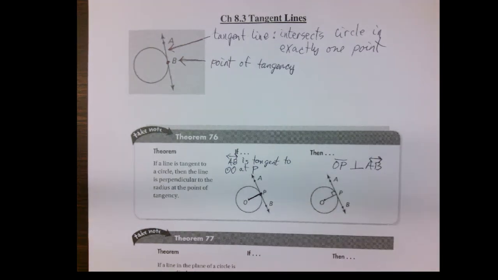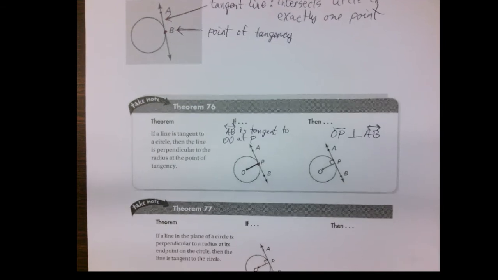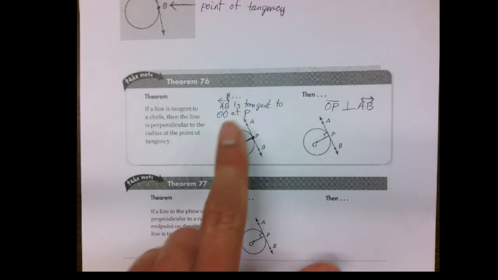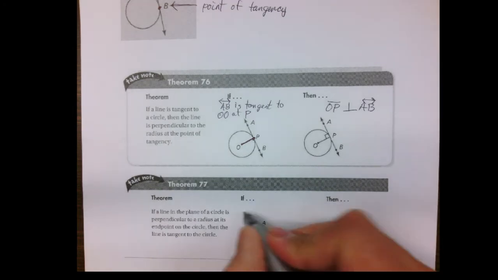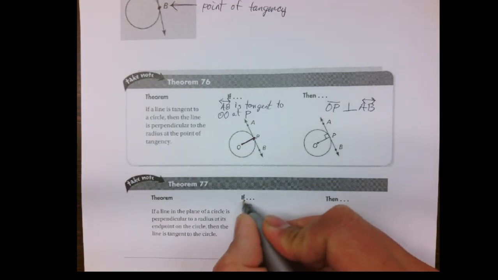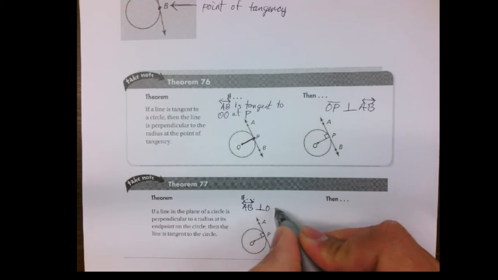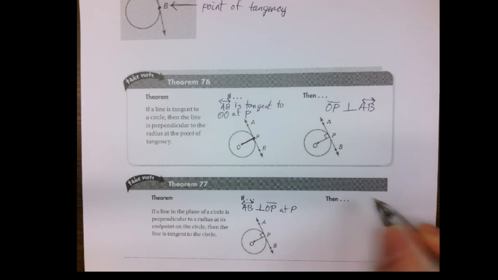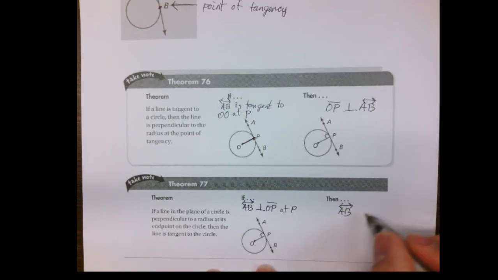And then the next theorem here is just the converse of that. And if you remember, converse is just basically switching your hypothesis and conclusion, so we're switching around the if and the then. So if we're given at the beginning that line AB is perpendicular to this radius OP at that endpoint of the radius at P, then we've got that line AB is in fact a tangent.